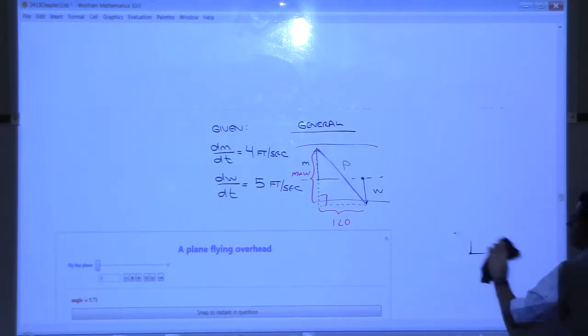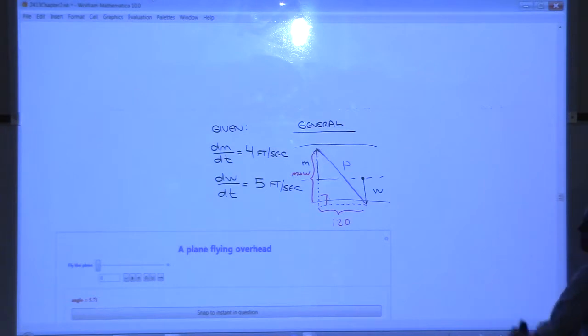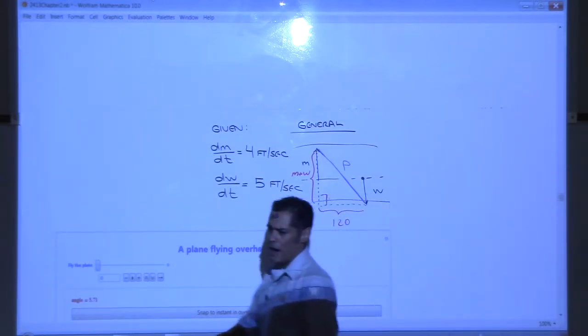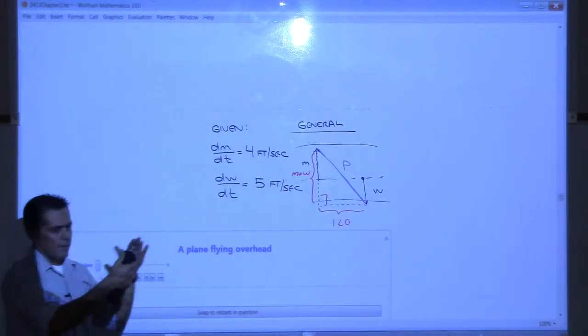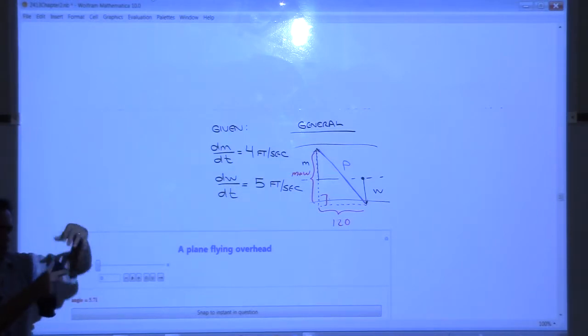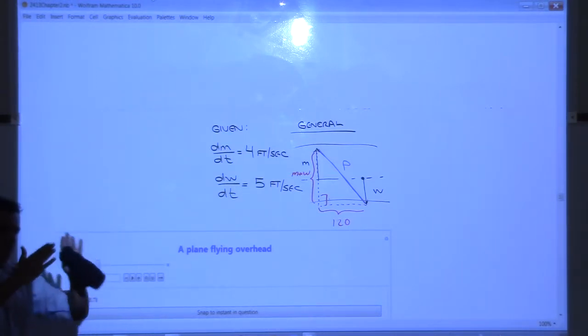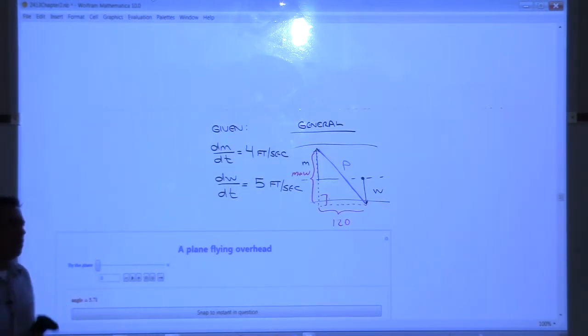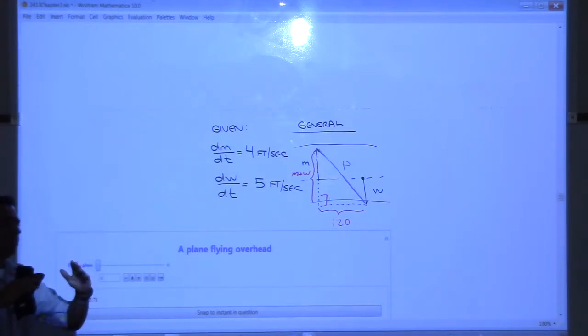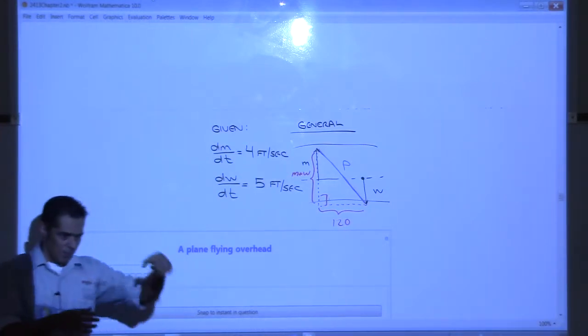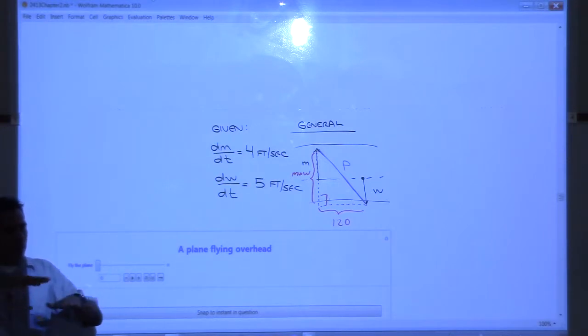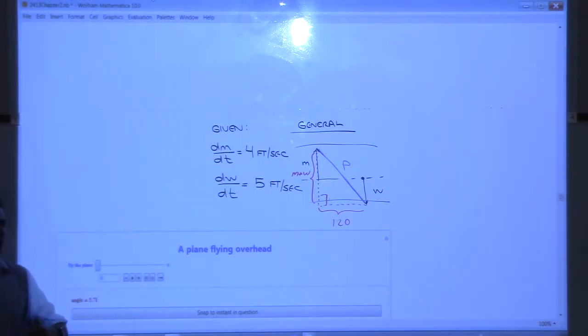There's a problem where they have a conveyor belt that's dumping gravel onto a pile, and it's the shape of a cone. But they tell you in there that when you dump gravel into a pile, it gets wider and then it gets taller at the same time. They give you what those proportions are. I don't believe in that problem you have to cut anything open. But you might. I'll have to go back and look at the problem.